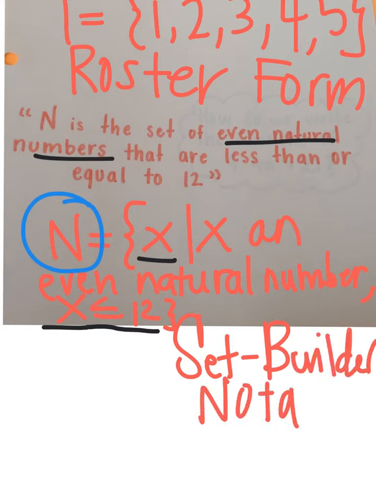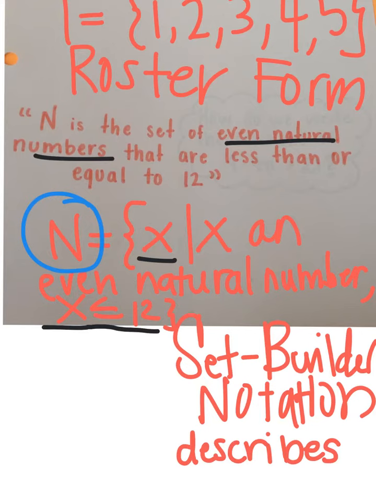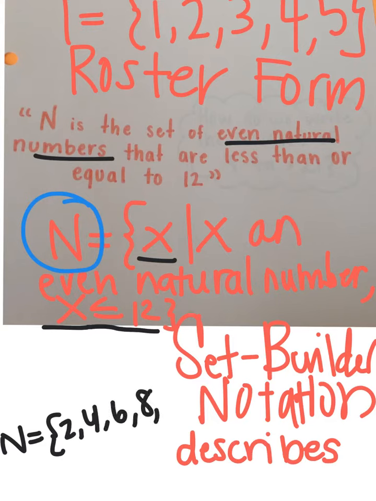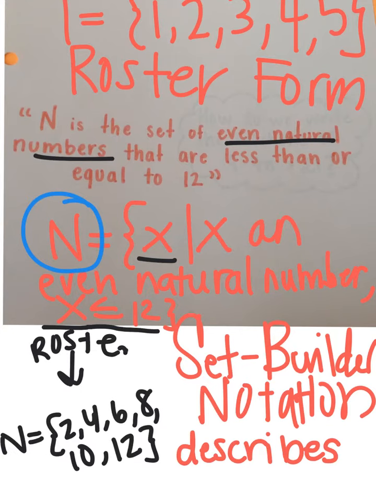If I was to use the same word phrase and write it in roster form, I would have N equals {2, 4, 6, 8, 10, 12}. This is roster form, where it lists the elements, whereas set builder describes the elements.